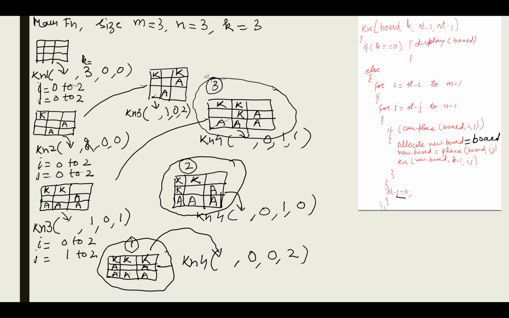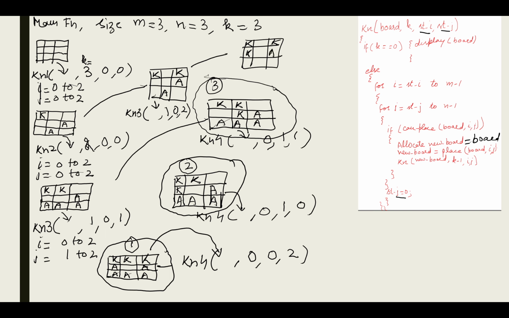The relevance of giving these values, si and sj, is that we have to start looking from where the last knight was placed, not from the previous board's places. Otherwise the same configuration will get repeated. In this case the same configuration won't get repeated. We will get another board for Kn4 where the third knight is placed here.